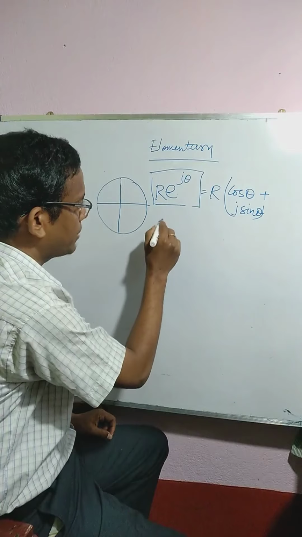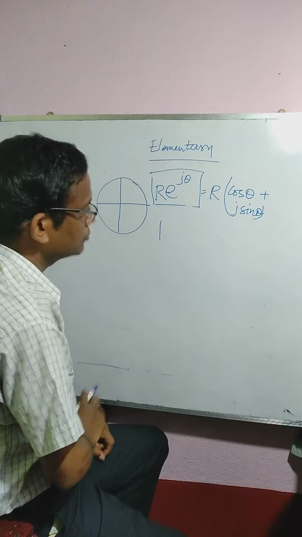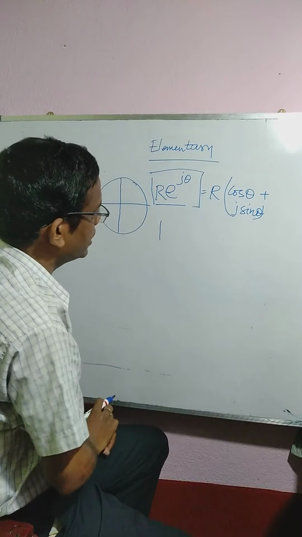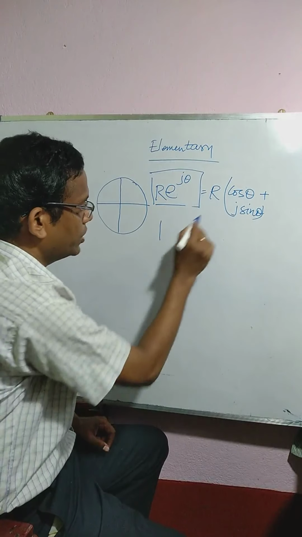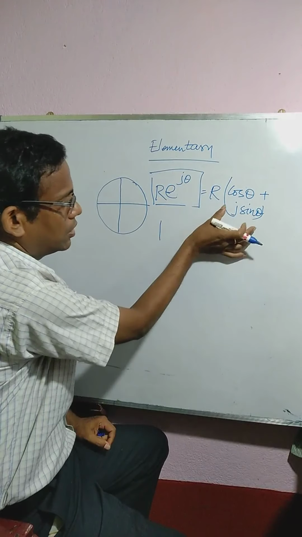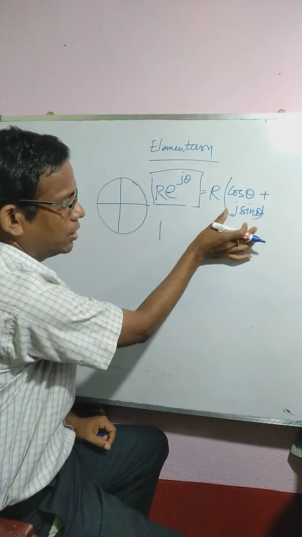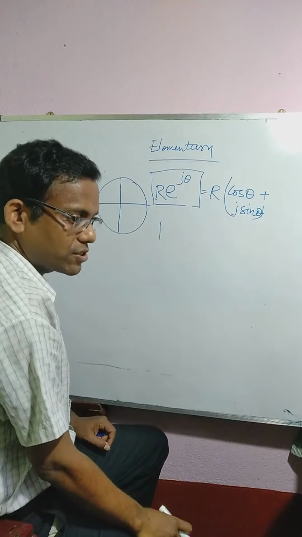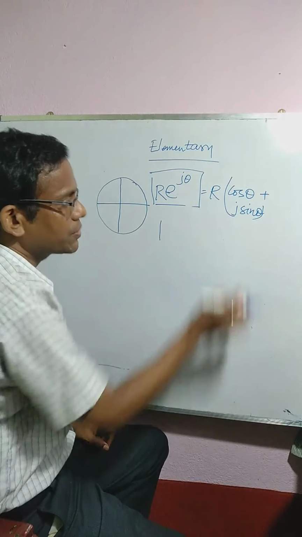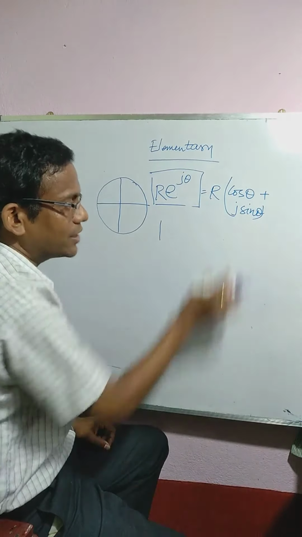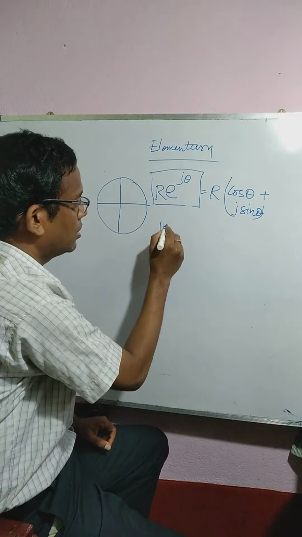Now, if we take the magnitude of this exponential signal, the amplitude of r cos theta plus j sin theta is r times root over cos square theta plus sin square theta. That means the magnitude is r.